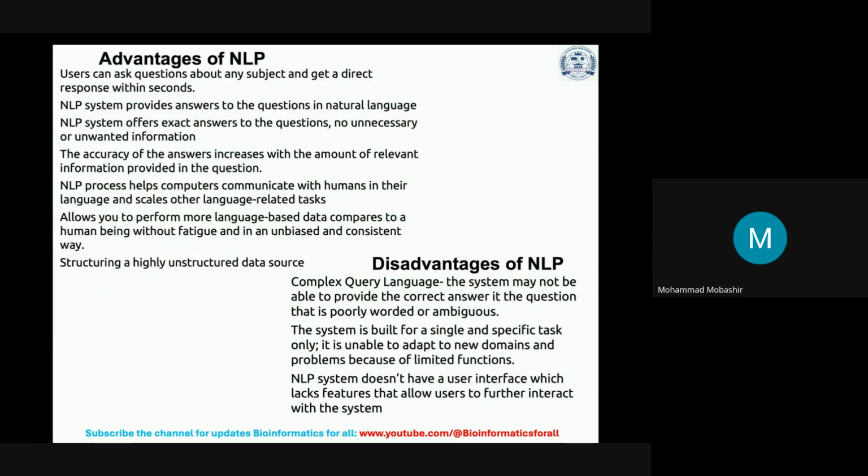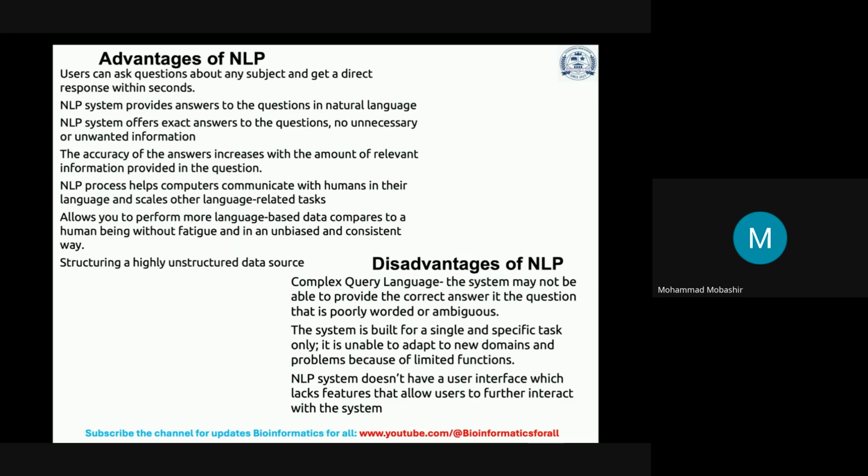Now, what are the advantages? Users can ask questions about any subject and get a direct response within seconds. An NLP system provides answers to questions in natural language. An NLP system offers exact answers to the question, with no unnecessary or unwanted information. The accuracy of answers increases with the amount of relevant information provided in the question.